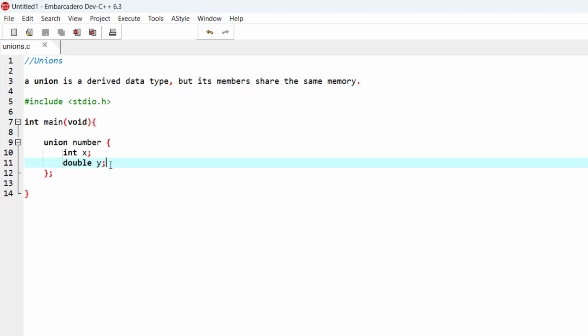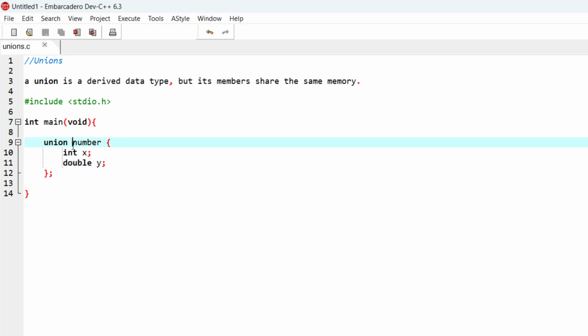So usually the memory amount that a union would take is the amount of memory that is needed to store its member with the largest memory requirement. So if double requires the largest memory in a system, the size of this union is equal to the size of its member with the largest memory requirement.